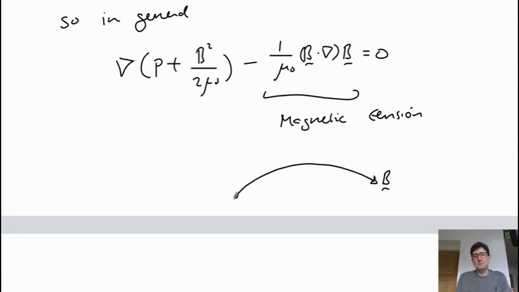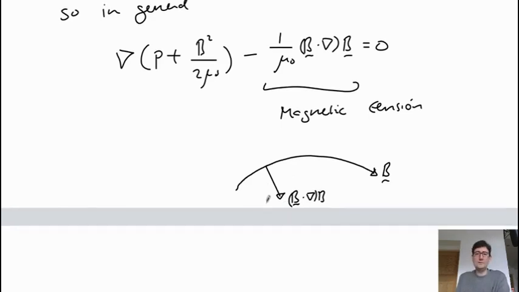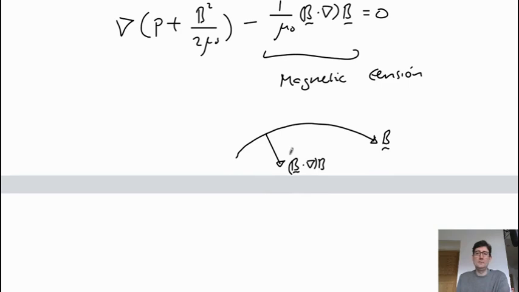How is the direction of B changing? If you're walking along this curve, the B field is bending to the right, and so the gradient is that way. So this B dot grad B is to the right, because that's how, as you move along B, B is changing. And this is the curvature, or related to the curvature.